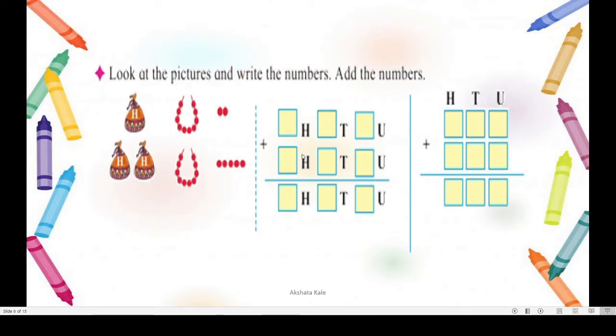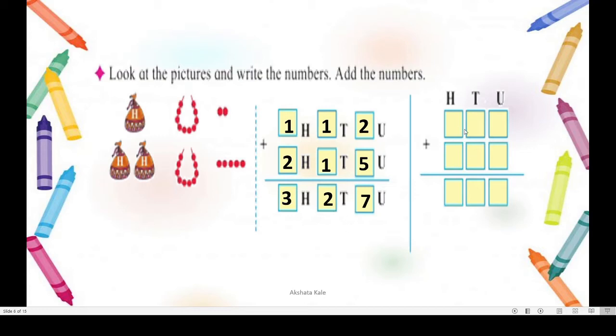Next, same thing. I will go a little fast. 100, 110, 2 units. Here 200, 110 and 1, 2, 3, 4, 5 units. We will add this. 5 plus 2, that is 7. 1 plus 1, that is 2. 2 plus 1, that is 3.